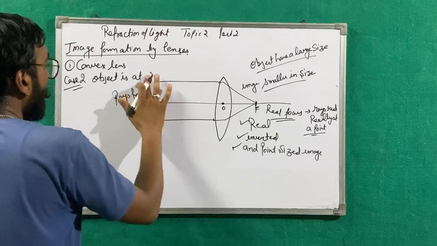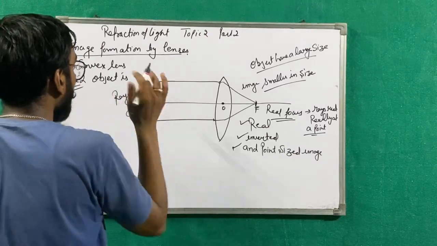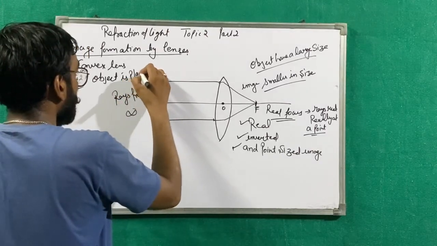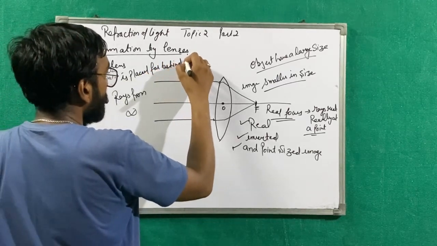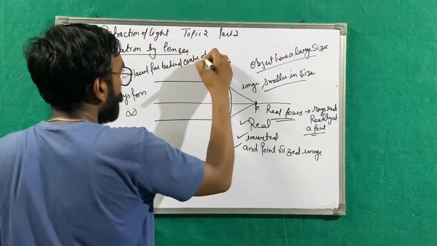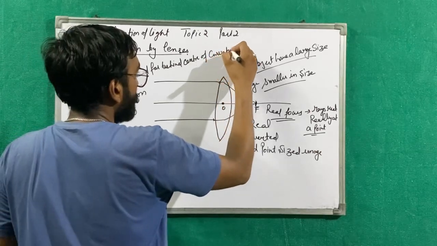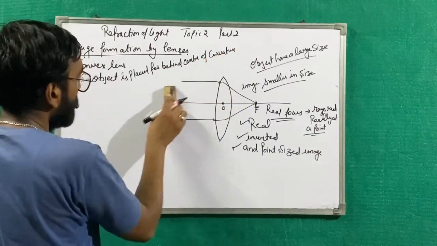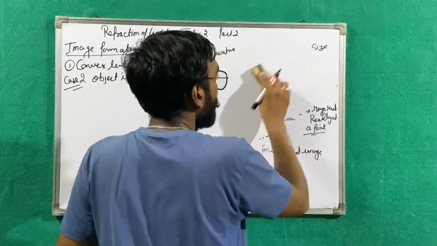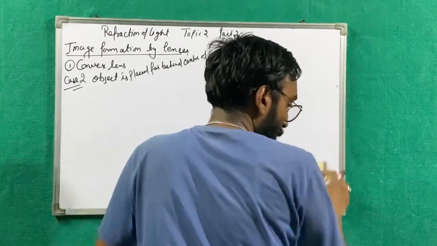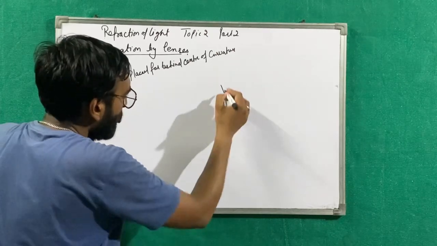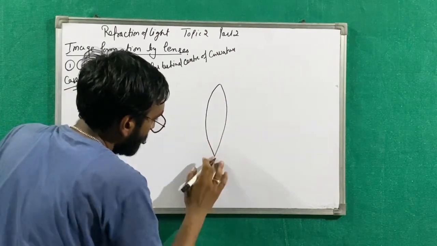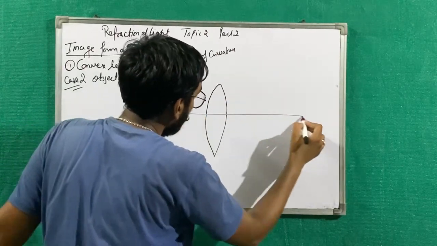The object is placed far behind the center of curvature. So in this we have an object that is placed behind 2f.